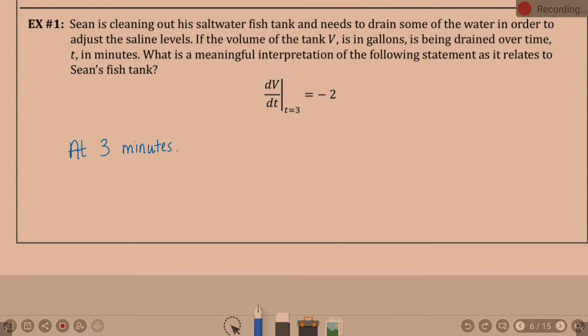And there's going to be a little bit of flexibility with what you write. So at 3 minutes, the fish tank is being drained. I'm going to say at an instantaneous rate, but you could also just say rate and still be okay.